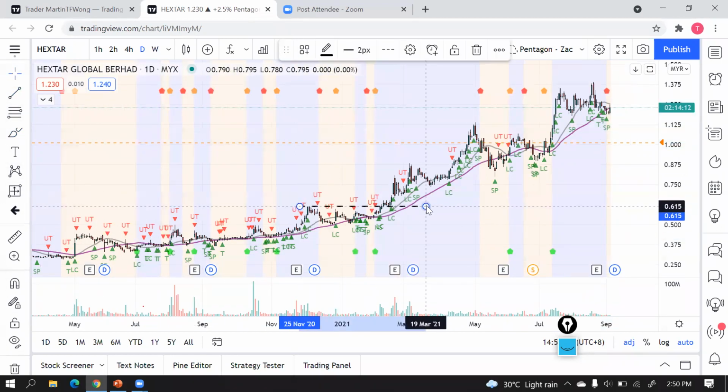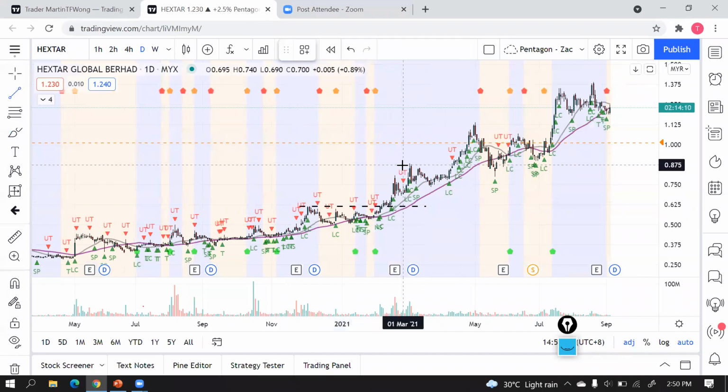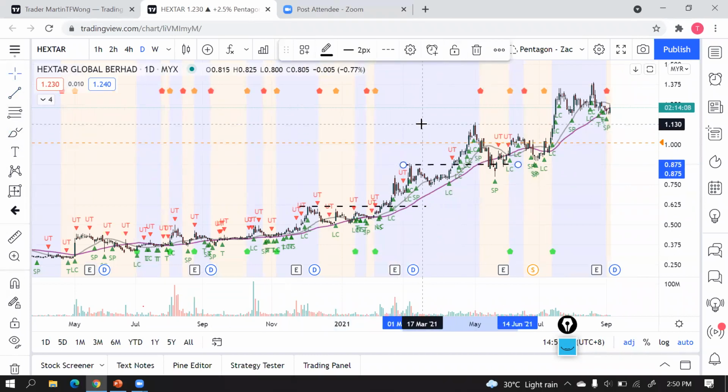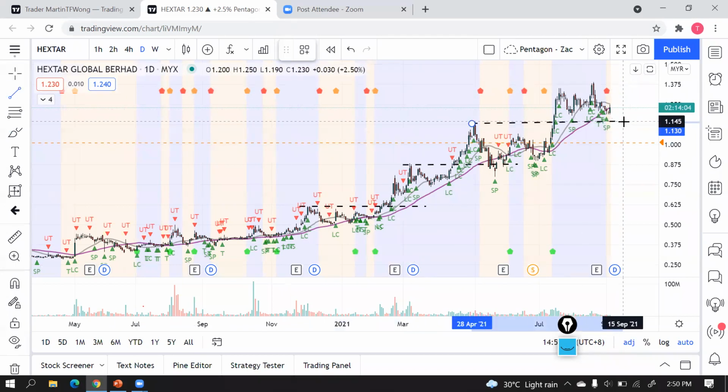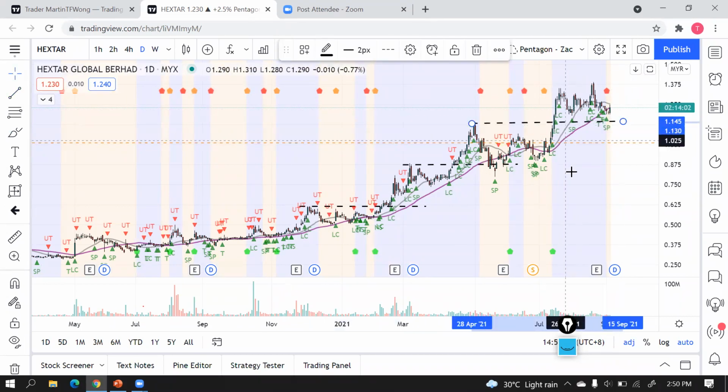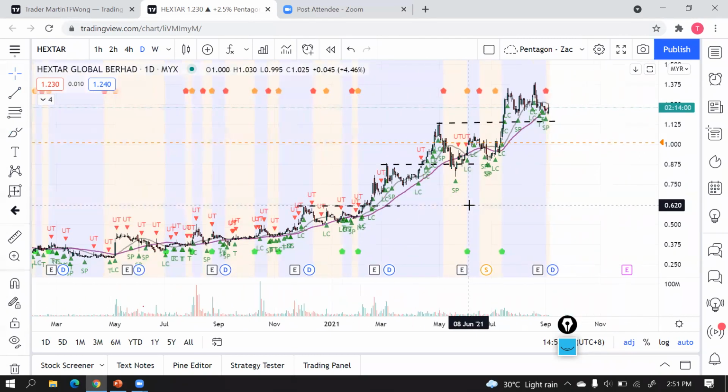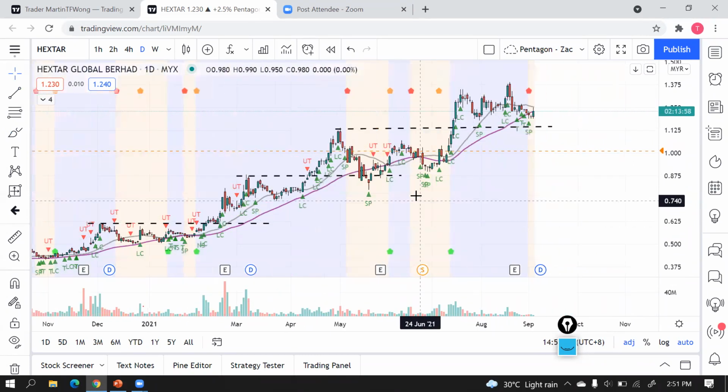If I put here 1, 2, and 3. Let me zoom in a little bit to see clearer.